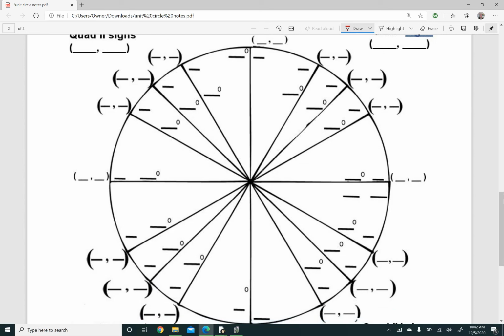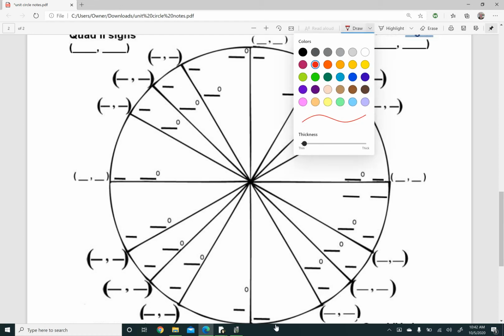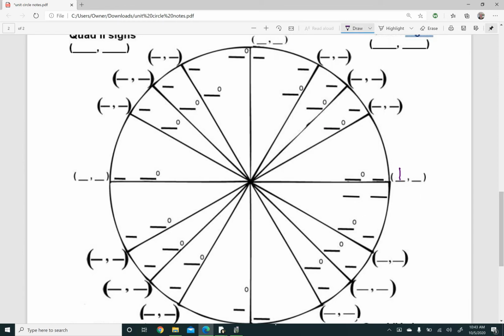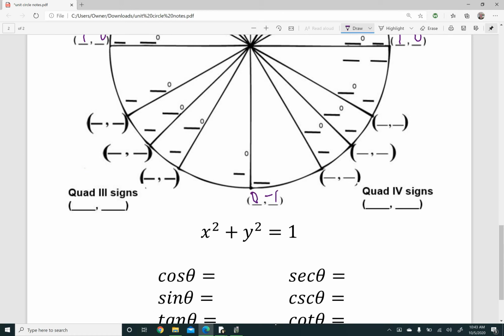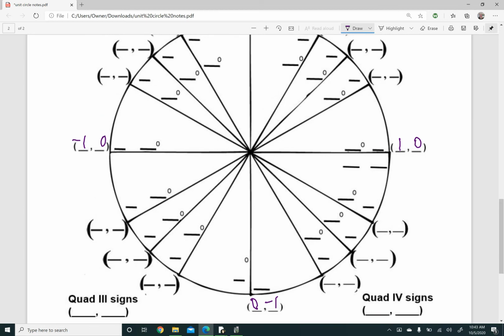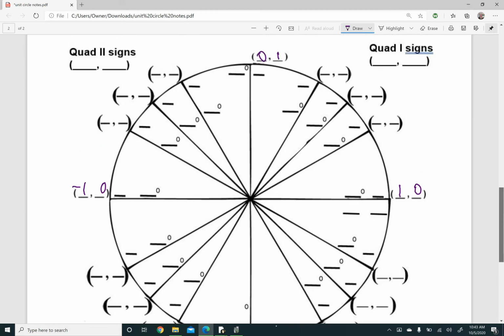Okay, so again, we're going to start with our corners. Remember our corners are (1, 0), (0, 1), (-1, 0), and (0, -1). We're going to put our degrees and our pi's here.